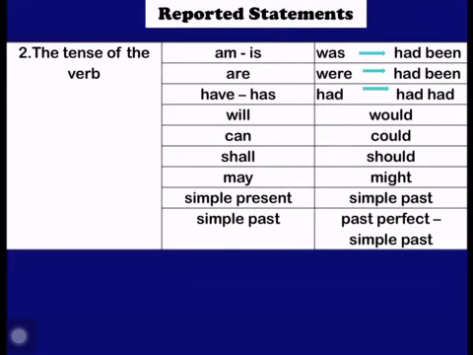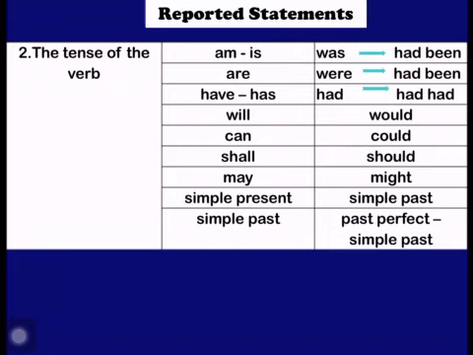Sometimes you make mistakes with am and is and so on. So am or is changes into was. But if I have was, it changes into had been. Are changes into were. But if I have were, it will change into had been. Have or has change into had.